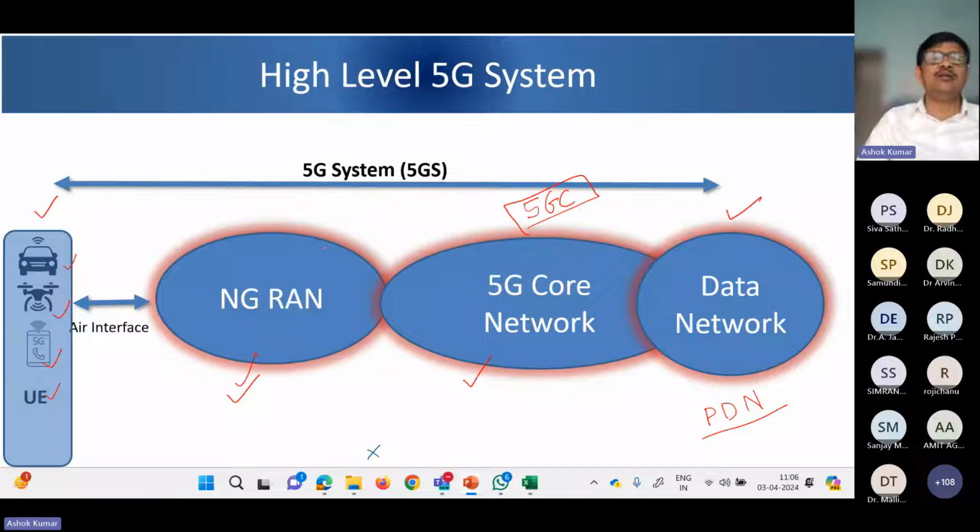And if you combine all, then we call it 5GS, 5G system. Whenever we say 5GS, we are actually talking about the end-to-end 5G network. If I am just saying 5GC, I'm talking about the 5G core network, and then of course RAN and data network.